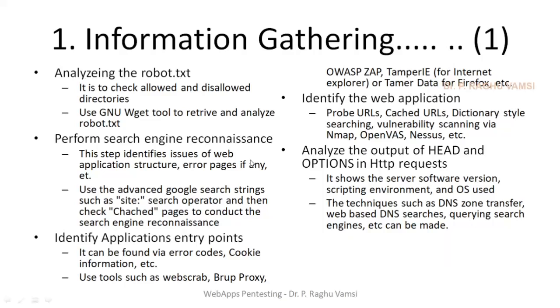Next, with search engine reconnaissance, you may get the cached pages or error pages, and you will get information about the entry point in the application, by knowing whether cookies are enabled or not, or whether there is any error code available. Then you may get information about URL browsing and URL usages, and any vulnerabilities via vulnerability scanning, and then information from analyzing the output of HEAD and OPTIONS. So this is the first level of information that you gather.